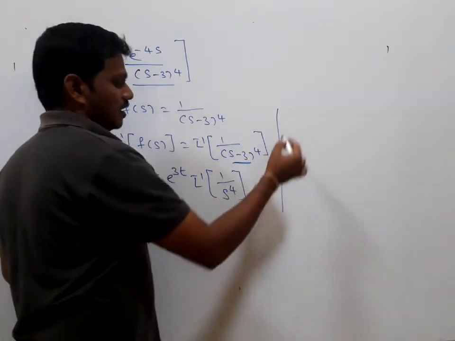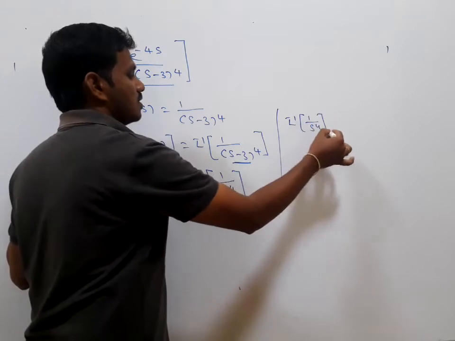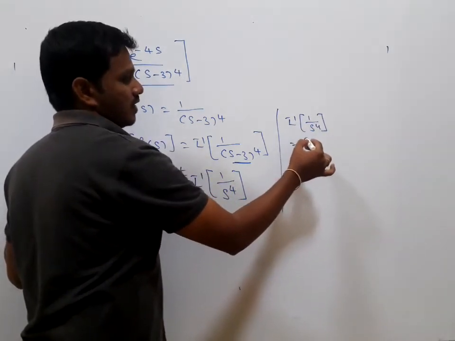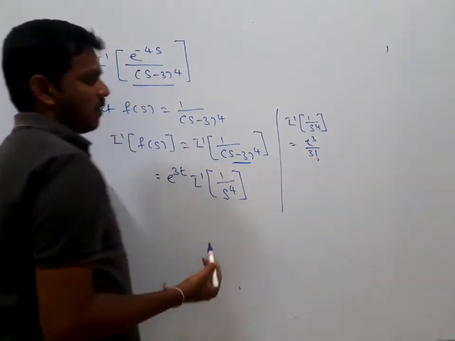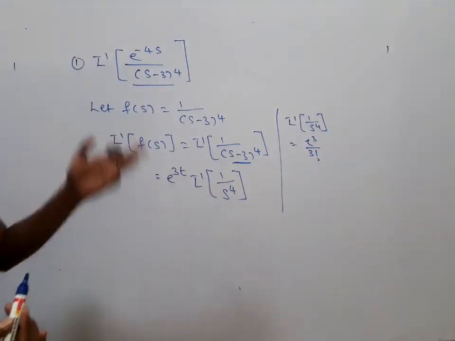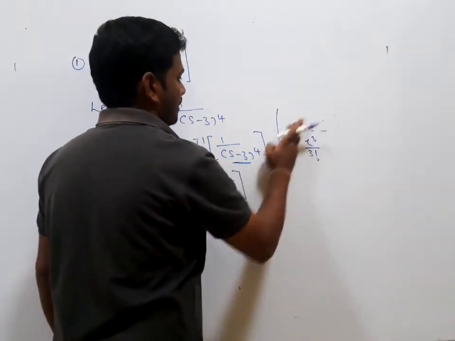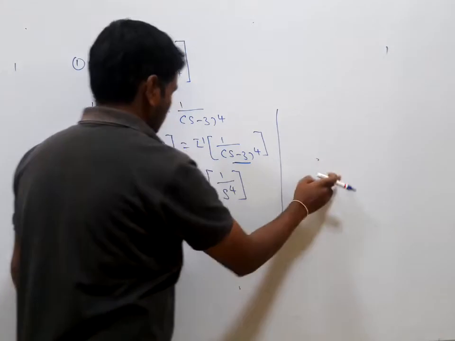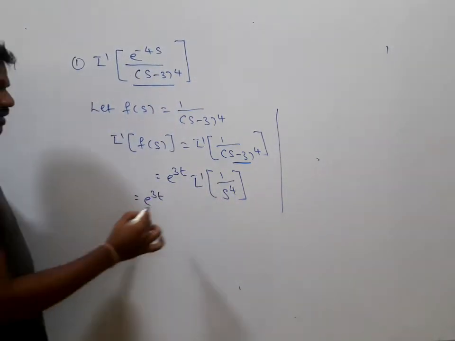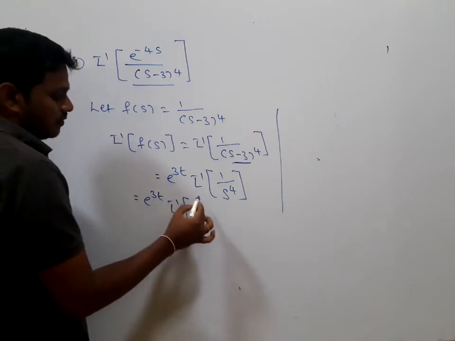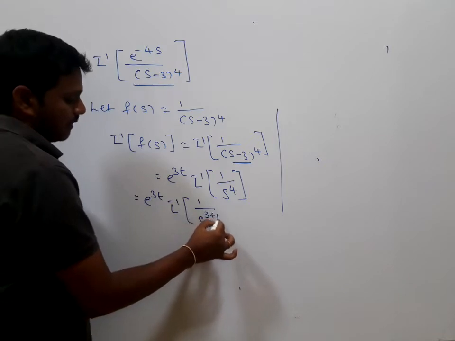Or if you want, since you know that L inverse of 1 by s to the power of 4 is, with s to the power of 3 plus 1, t to the power of 3 divided by 3 factorial, right? So from that you will get it, or directly you can write it, no problem at all, which is equal to e to the power of 3t, L inverse of 1 by s to the power of 3 plus 1.